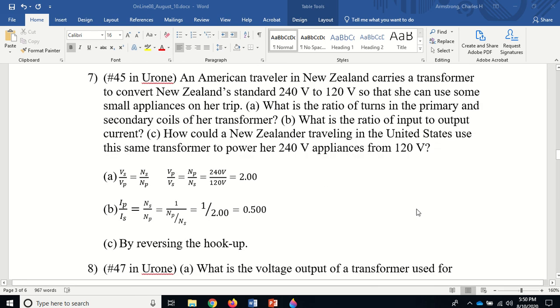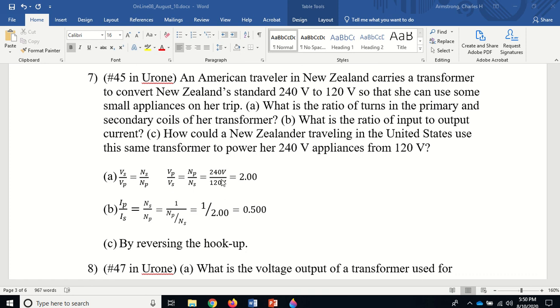Okay, an American traveler in New Zealand carries a transformer to convert New Zealand standard 240 volts to 120 volts so that she can use some small appliance on her trip. What is the ratio of turns in the primary and secondary coils of her transformer? Remember this: voltage secondary divided by voltage primary equals number of turns secondary over number of turns primary.